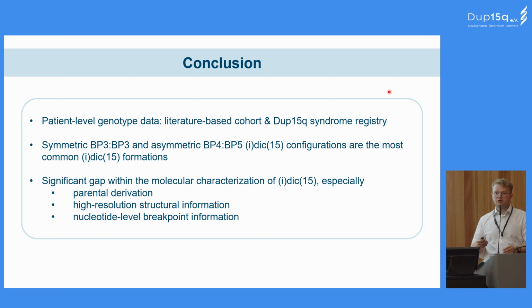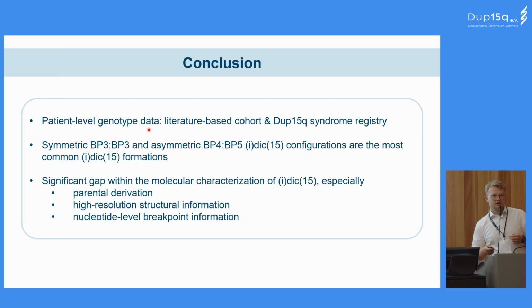So maybe to conclude this, now we have 2 large data sets with individual patient-level genotype data available, one literature-derived and one from our registry. We were able to identify 2 main clusters of EDIC-15 formation, one symmetric and one asymmetric.